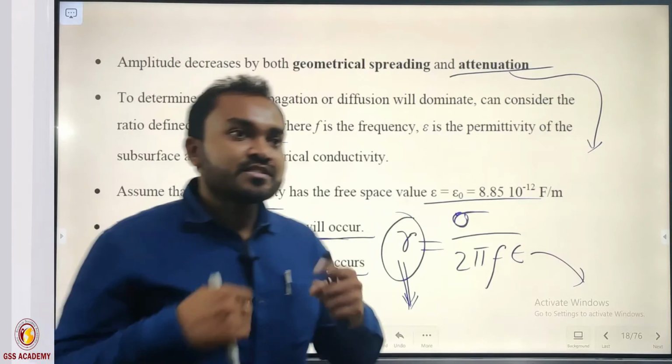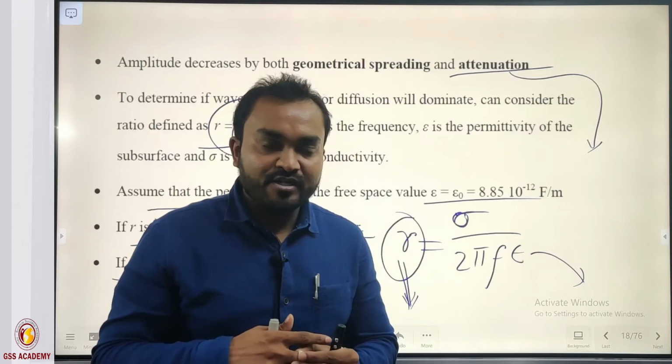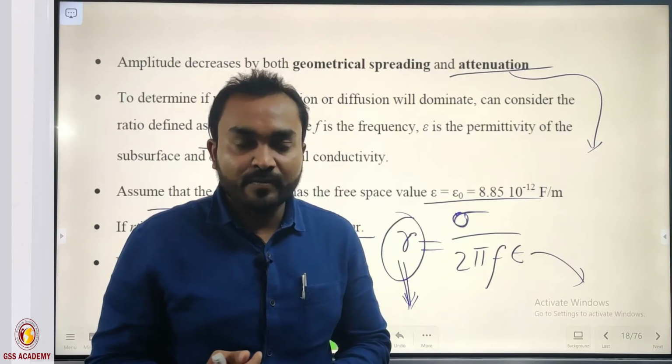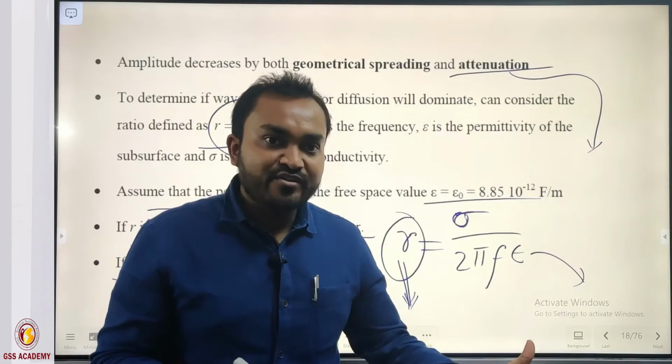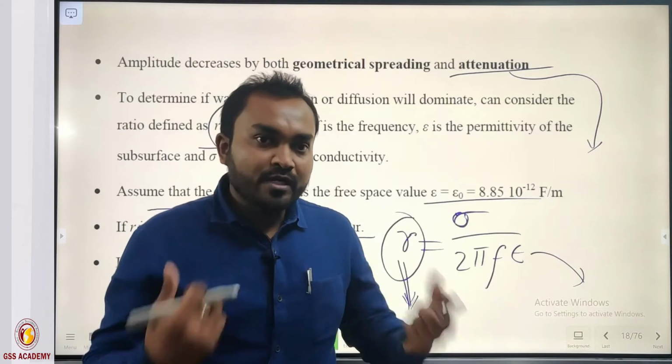So for ground penetrating radar, will diffusion happen or wave propagation happen? And in the case of electromagnetic methods, that is controlled source, frequency domain and time domain, what will happen?